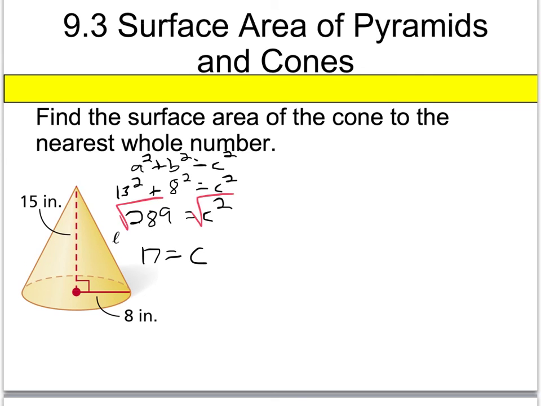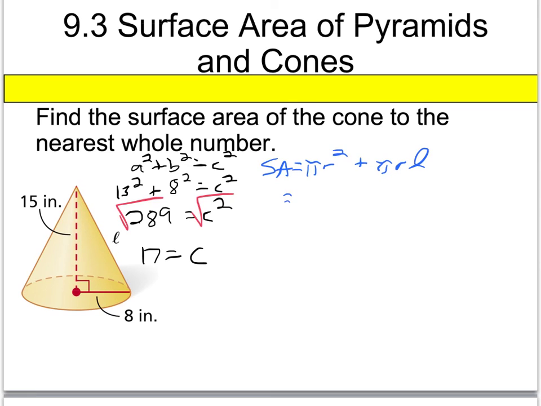Now, we have our slant height, we have our radius, we have everything we need to figure this out. So, what is the surface area formula? Surface area is equal to pi r squared, which is the area of the base, plus pi times your radius times your slant height.